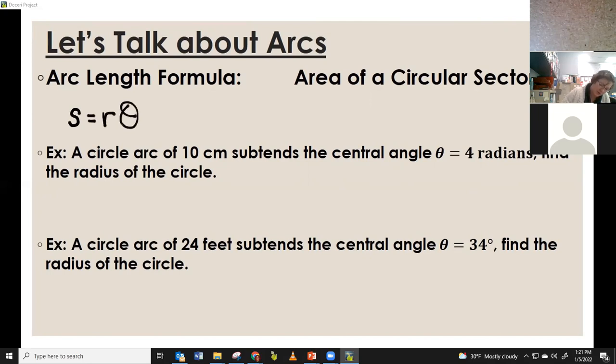I'm going to draw a quick picture here so that we've got a little bit of reference. So on my circle, here's my radius R, S is the length of the arc, and then theta is the measurement of the central angle.